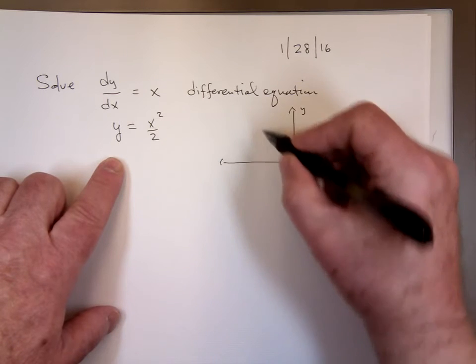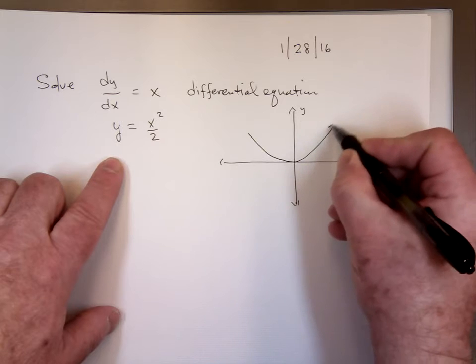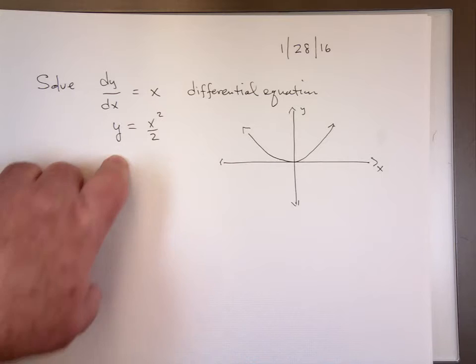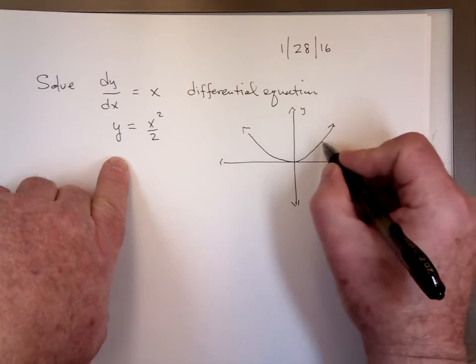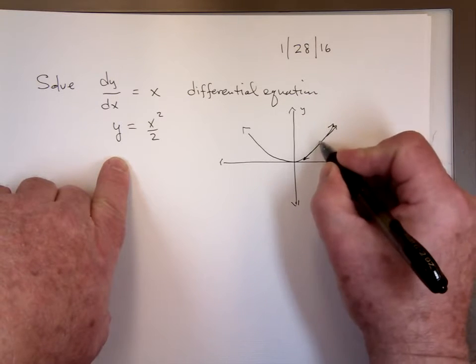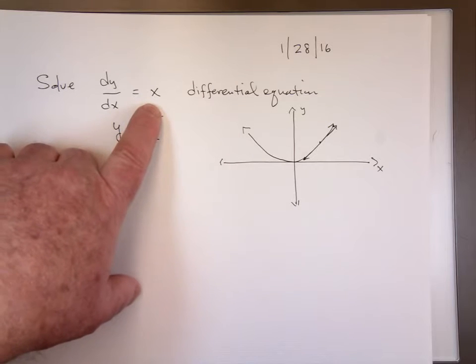X squared over 2 would be a parabola that looks something like this, say. And what's true about this parabola is everywhere on this parabola, the slope of the tangent line is equal to whatever the x coordinate is.